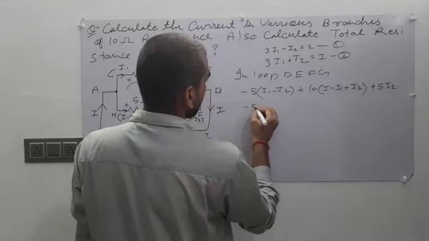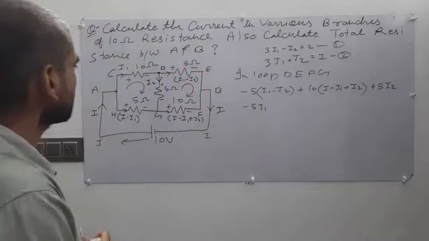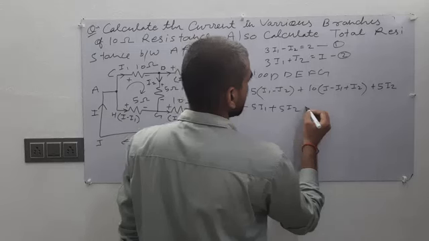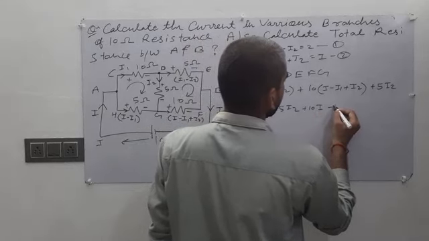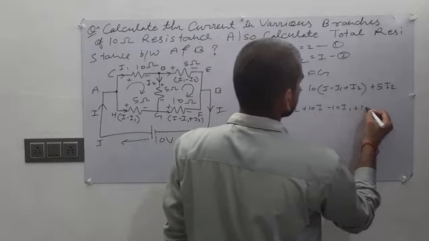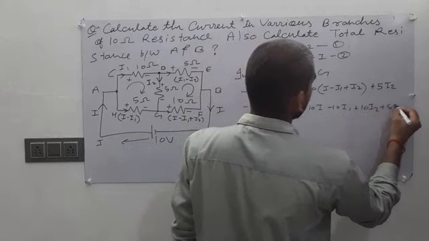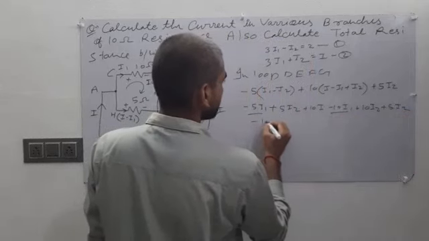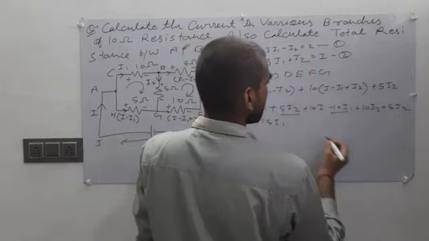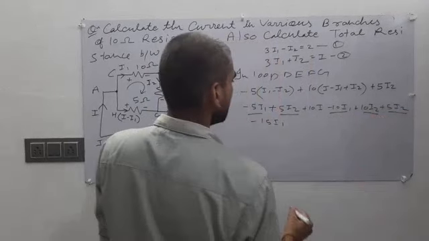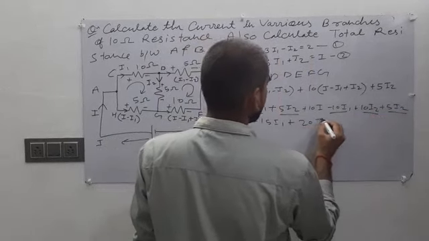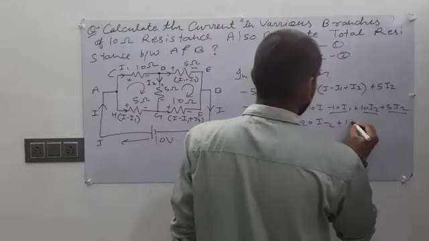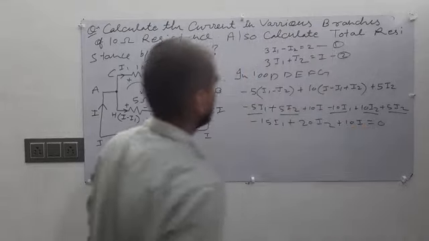That means minus 5 I1 plus 5 I2 plus 10I minus 10 I1 plus 10 I2 plus 5 I2 plus 5 I2 equals 0. Combining the terms, minus 15 I1, plus 20 I2, equals 0.